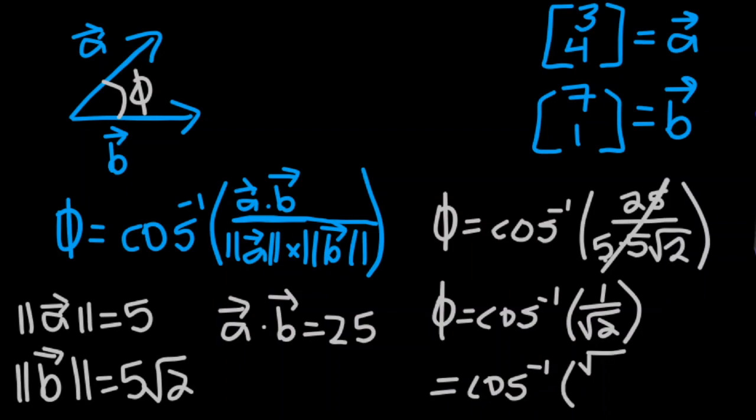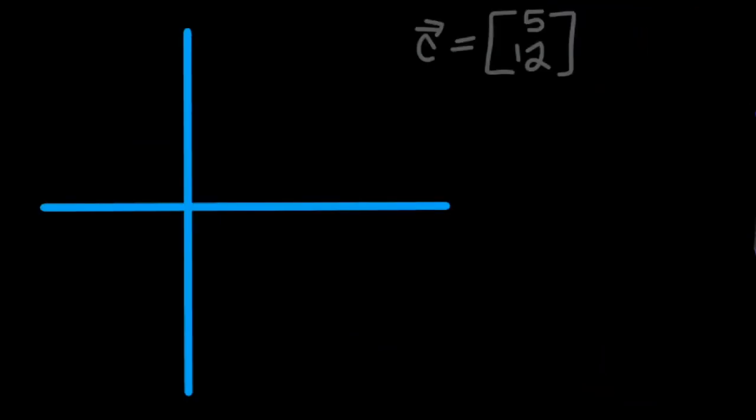And if you remember from your unit circle values, the arc cosine of root 2 over 2 is going to be equal to 45 degrees. So we get the same answer as before, but this time you did not need a calculator in order to get the same answer. Now let's practice scaling a vector.